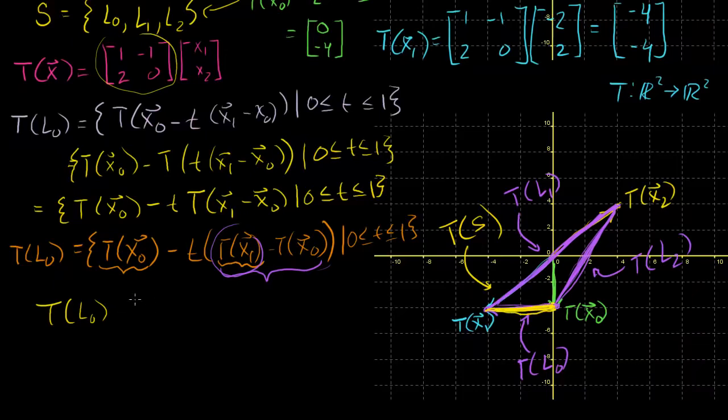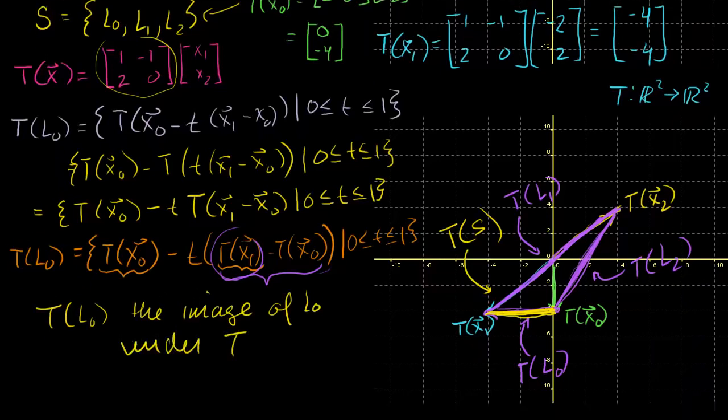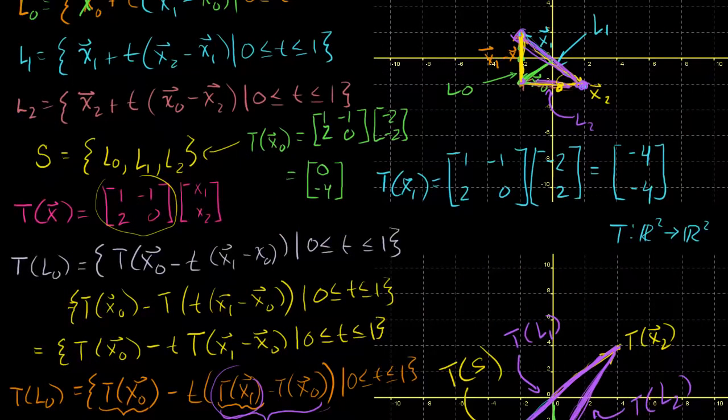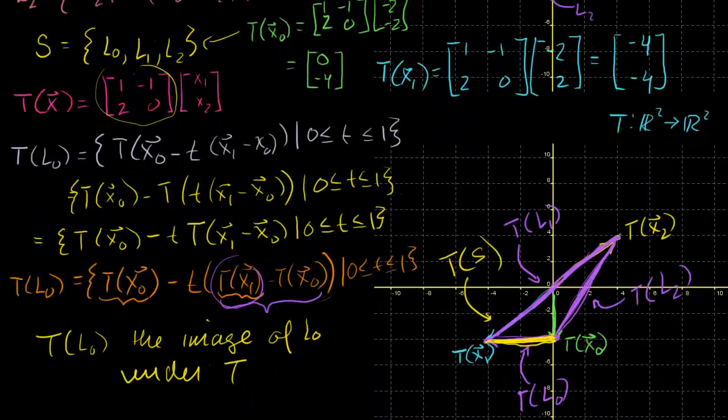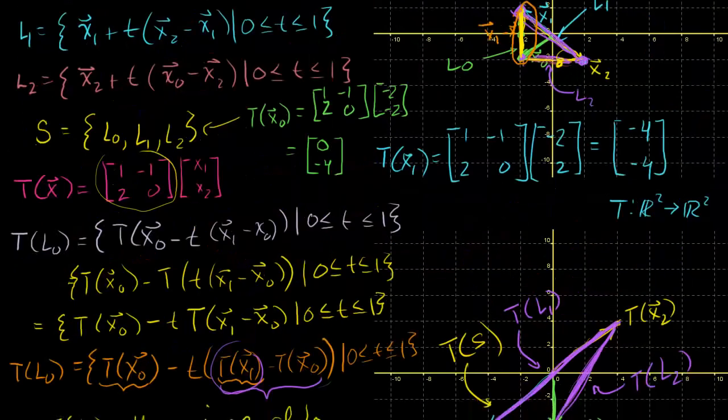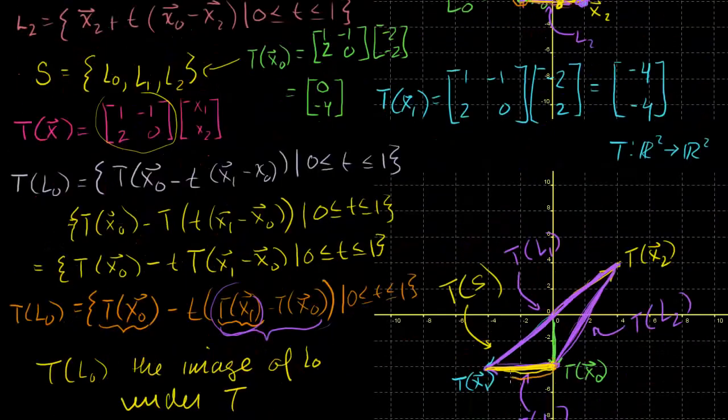This is called the image of L naught under T. And it kind of makes sense. Why do they call it the image? Because T is taking this L naught and distorting it, creating a new image of it in the codomain. It's taking a set in the domain and creating a new image of it in the codomain right there.